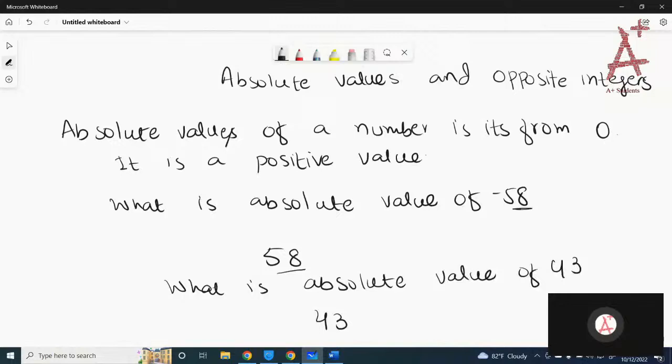Okay, then we have opposite number. What is opposite of negative 6? That means that is the distance of the number on the other side of the 0.